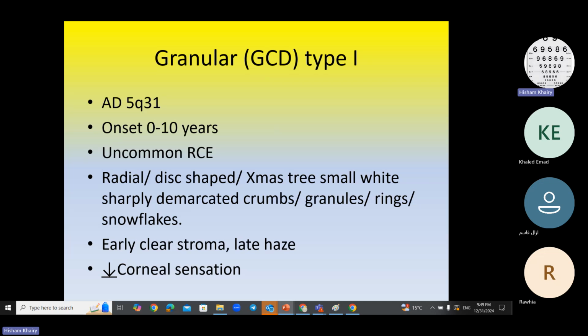Giving you a clue: corneal dystrophies are categorized according to the layer of the cornea affected, so it affects the superficial layer. Clue number 2, it is usually sporadic.